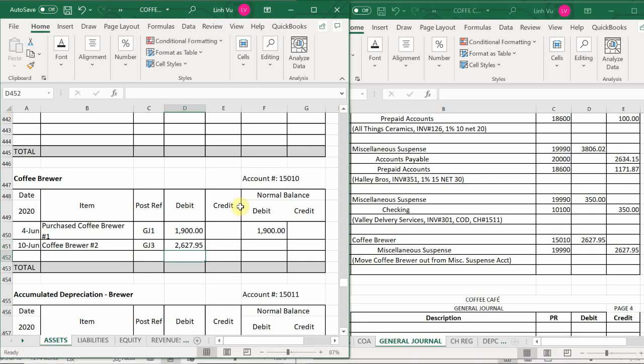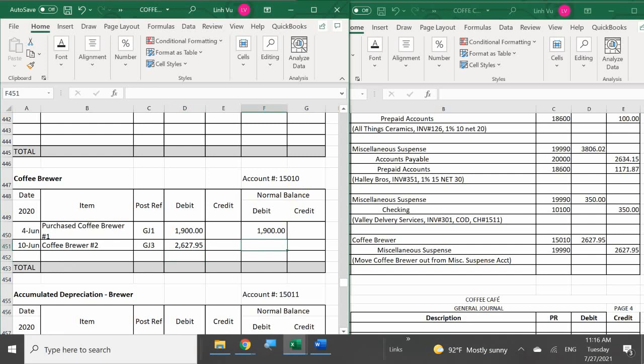Now I'm going to add my two coffee brewers together to get a total. It's your previous amount plus any debits, minus any credits, to give you a running balance of $4,527.95 worth of coffee brewers.